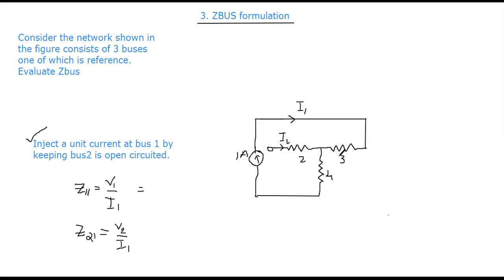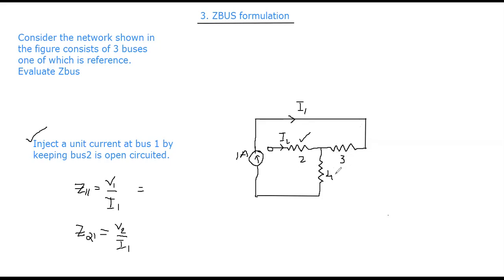Here the 2, 3, 4 ohm resistances are connected. This is the first resistance. As far as the second resistance is concerned, no current tries to flow in that path. So whatever current comes from the current source directly enters the 3 ohm and 4 ohm resistances.